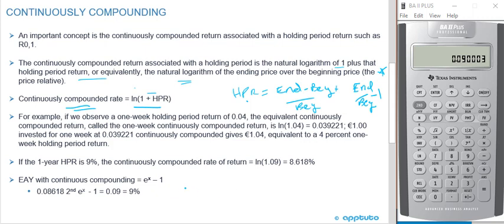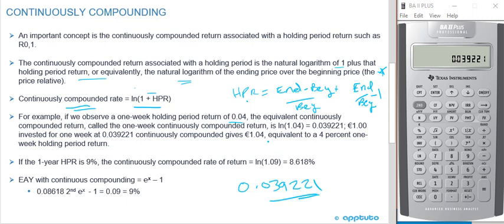Okay, so here's an example. If we observe a 1 week holding period return of 0.04, so 4%, the equivalent continuously compounded return, called the 1 week continuously compounded return, is ln 1.04. So how do we do that on the calculator? 1.04, and we just hit the natural log key, and we've got 0.039221.